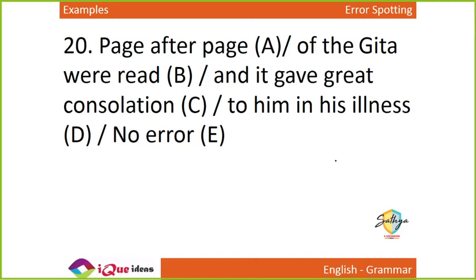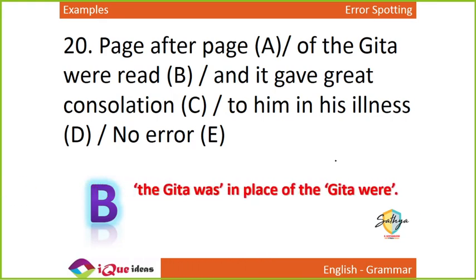So you don't say pages after pages. Say page after page. But because it is page after page and you read one page at a time, you can't read in plural. So page after page of the Gita was read. You can read only one page at a time. So page after page of the Gita was read and it gave great consolation to him in his illness. Did you get that? Right? Good.